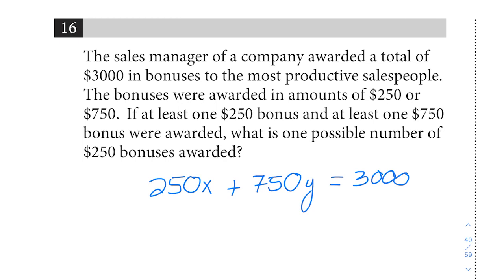So this is one equation, but it's one equation with two variables. That means that to solve this, we would need a system of equations. And they don't give us an exact number for the bonuses because it just says at least one of each. So the only thing you could come up with here is an inequality: X has to be 1 or greater and Y has to be 1 or greater.